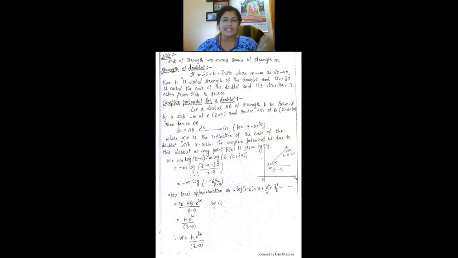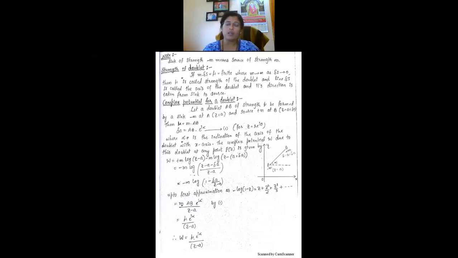Okay. In that case, your complex potential will be mu into e to the power of alpha is 0. So e to the power of 0 is 1, divided by Z. Z minus A value is 0. So that you will get W equal to mu divided by Z.